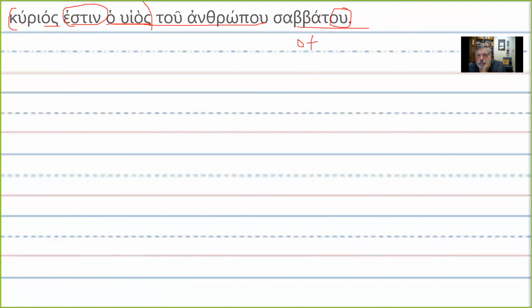So the Son of Man is my subject. This is a noun in the nominative, describing the Son or giving his definition. The Son of Man is Lord, also in the nominative, of the Sabbath. So hopefully that helps.